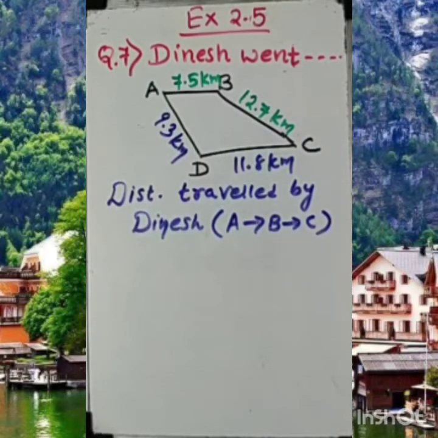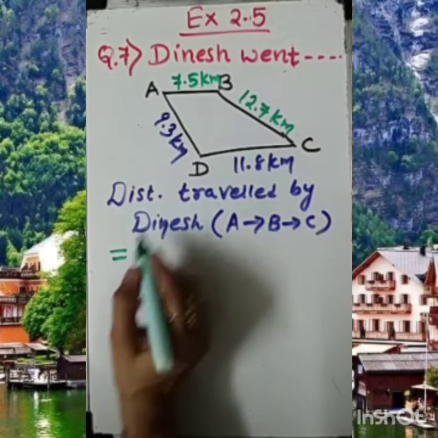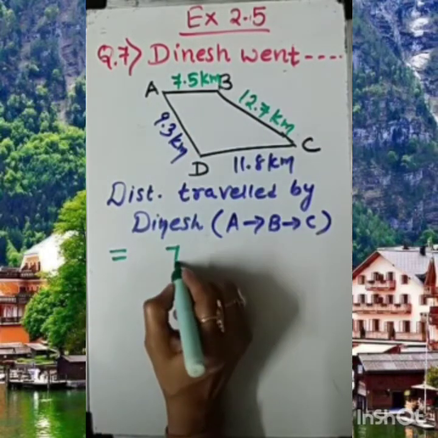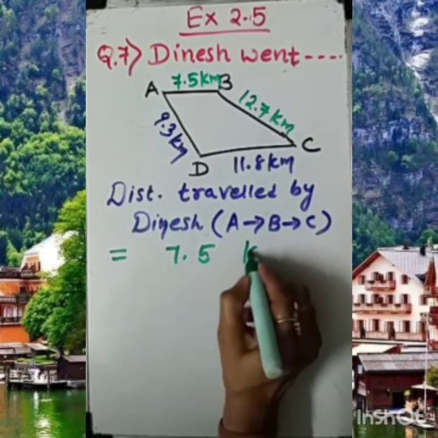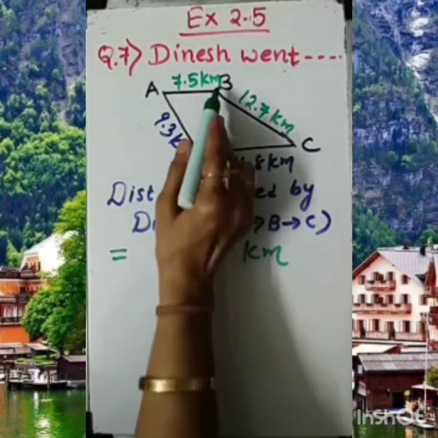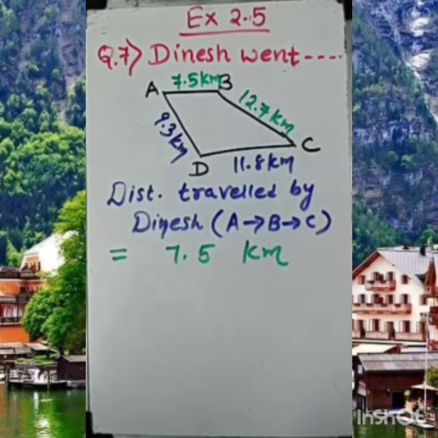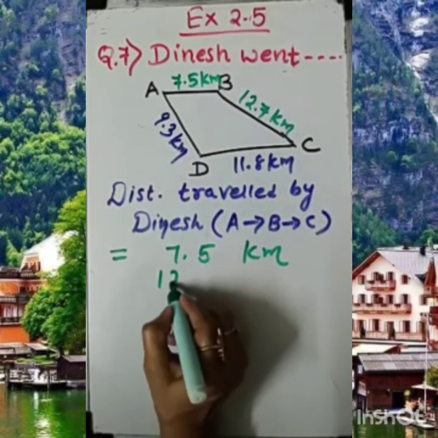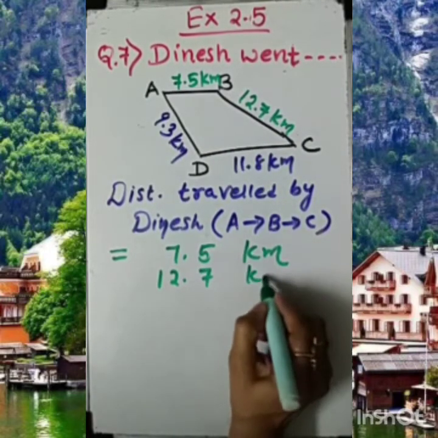The distance from A to B is 7.5 kilometers, so let me note down 7.5. The distance from B to C is 12.7 kilometers.